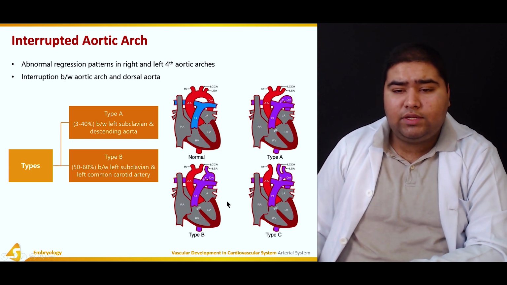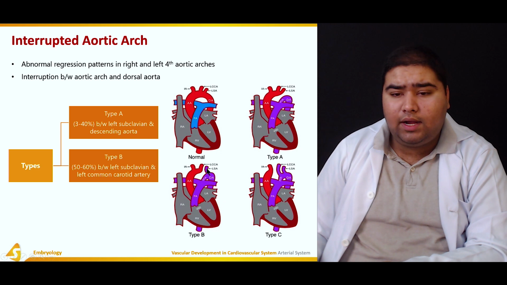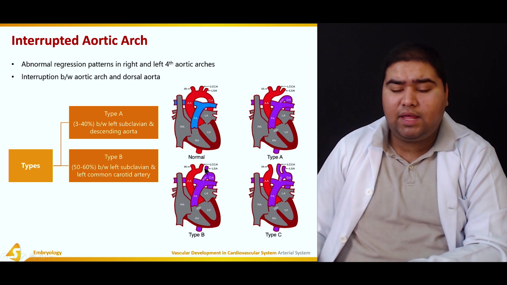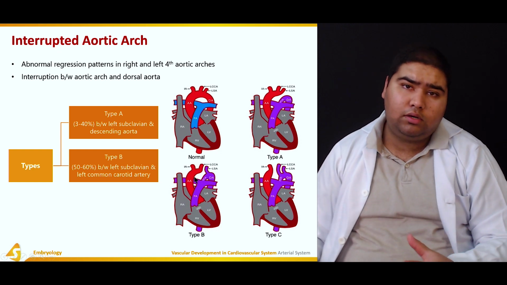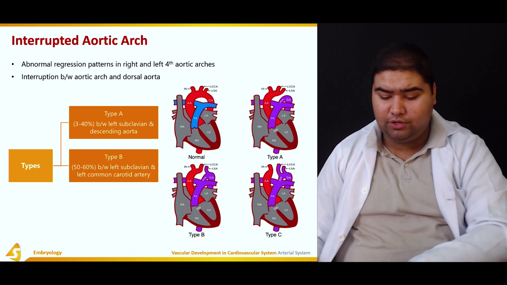Then the second type, which is the most common type, in this we have a miscommunication between the left subclavian artery and left common carotid artery. Alright, so left subclavian and left common carotid are not joining with each other, but rather ending as blind tubes.